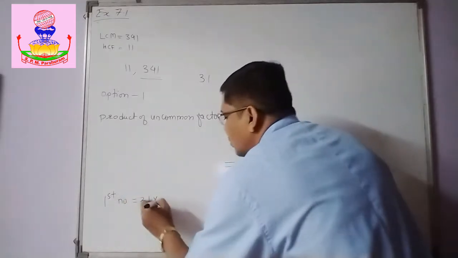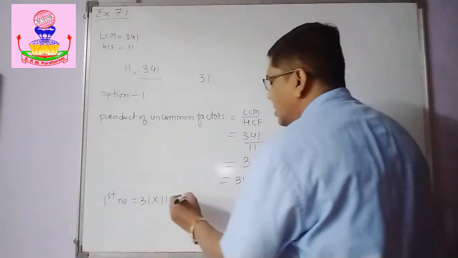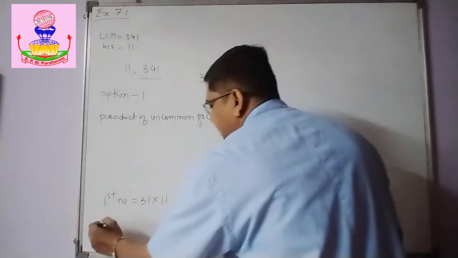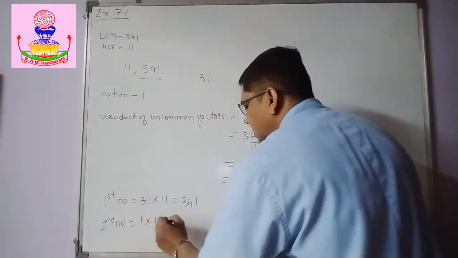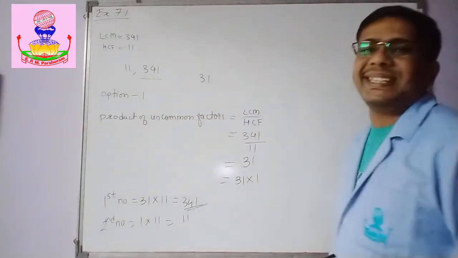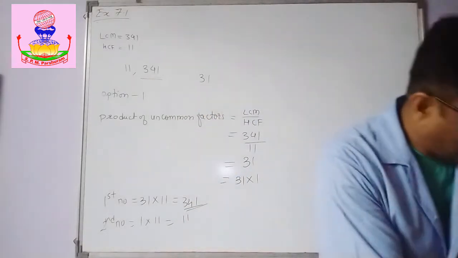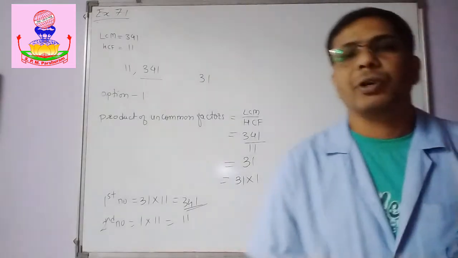So 31 into 11, what is HCF? 11. So 11 31s are 341. And the second number is 1 into 11, that is 11. So which is the bigger number? 341. So our answer is confirmed. Okay. Now let's move to the next example number 5.